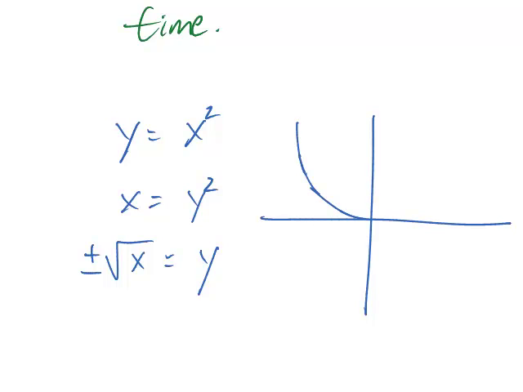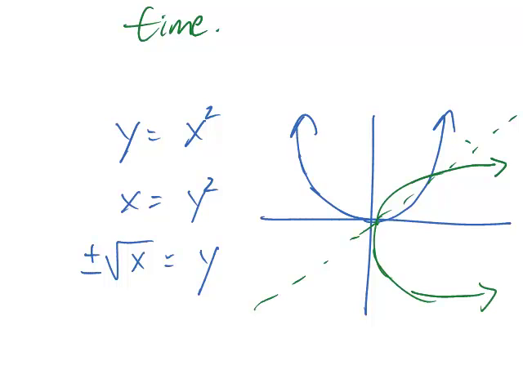I have the parabola y equals x squared. If I flip it across y equals x, I get this thing, which is totally not a function because it fails the vertical line test. In other words, I think some of you may already know this, the original function fails the horizontal line test.